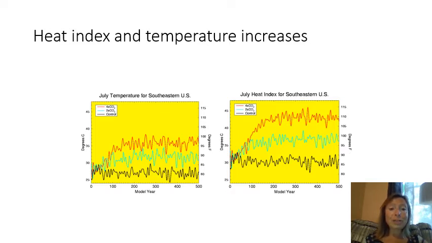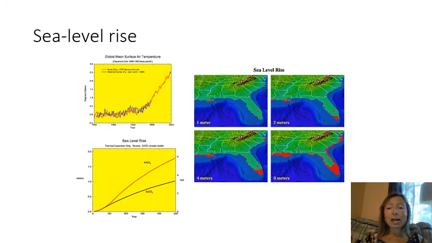So here we see the changes in July temperature in southeastern United States under current concentrations, and then double and quadrupled concentrations of carbon dioxide in the atmosphere, as well as the heat index. And you can see that with the humidity, the heat index is growing significantly higher as global warming progresses compared to the temperature. So this is something that we need to take into account as we are thinking about impacts of climate on health.